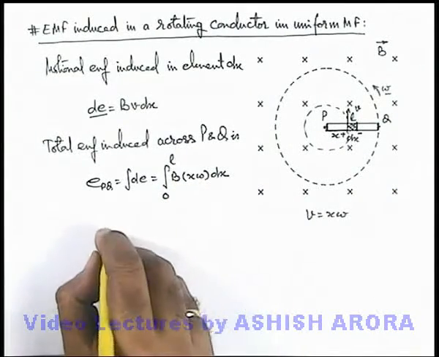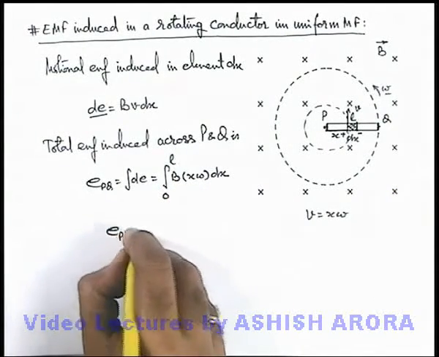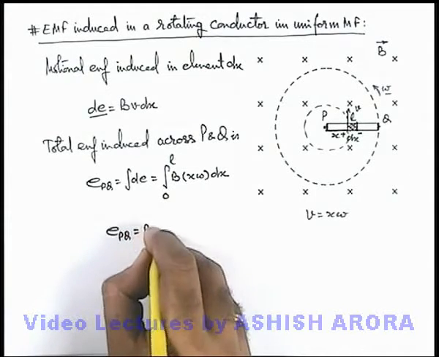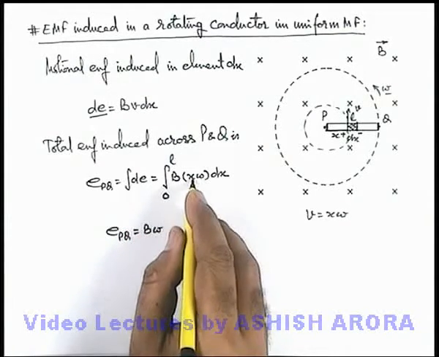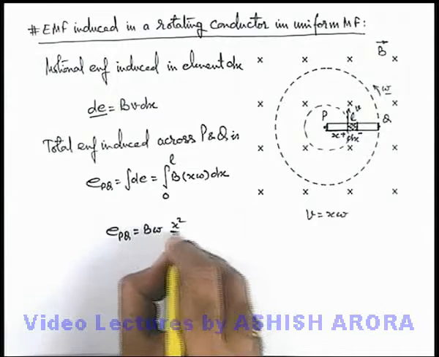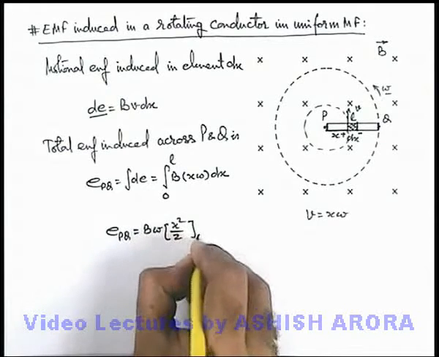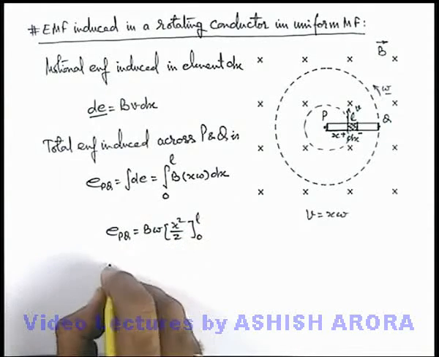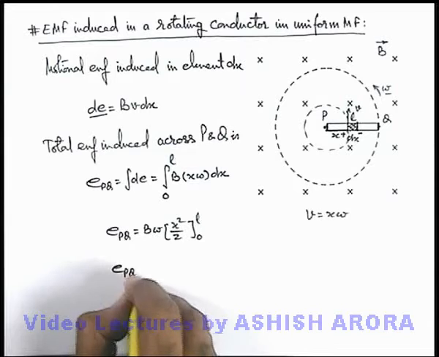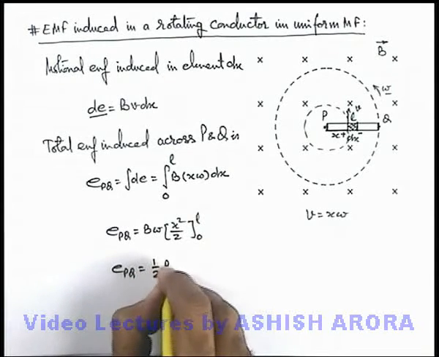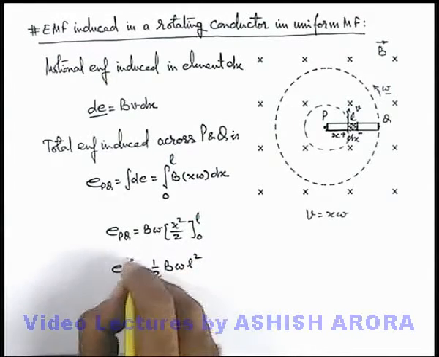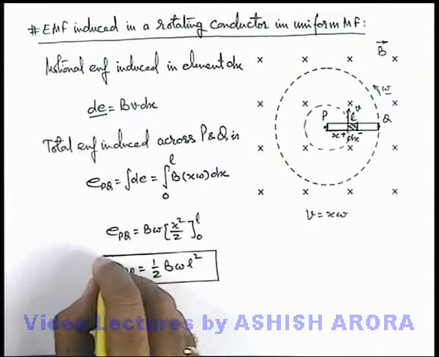So this EMF induced across the ends PQ can be written as B omega, as a constant, and x dx will be integrated as x squared by 2 within limits from 0 to L.